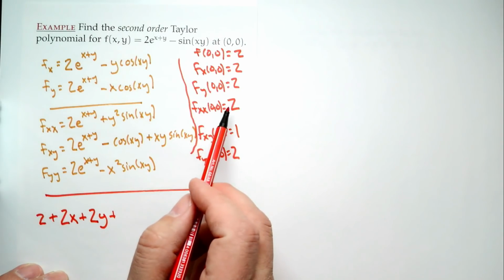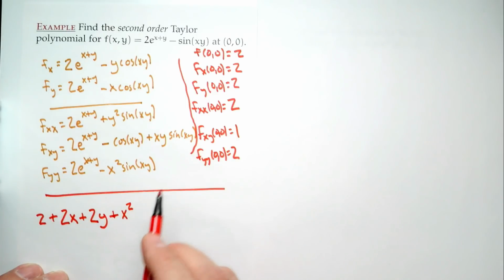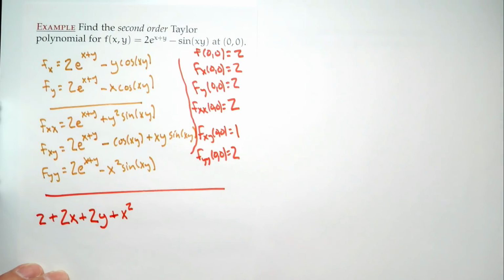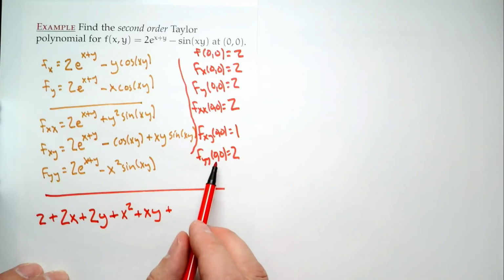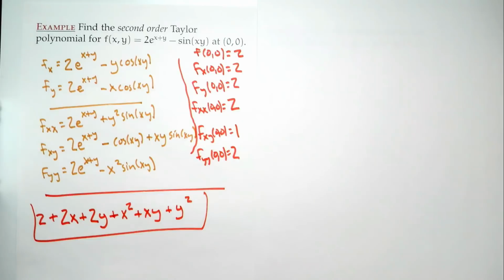So 1/2 times 2 will be 1, times x minus a squared, which becomes x squared, plus the second mixed derivative, which will be 1 times xy, again that's x minus a, y minus b, plus 1/2 times the second derivative with respect to y twice, so that's 1/2 times 2, which will be 1, times y minus b squared, which becomes y squared. And there you go. So, once you know it, you just follow the formula.